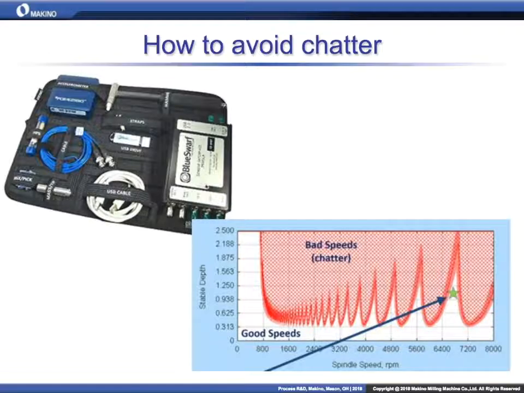No, not at all. So with this kit, this is a Metal Max kit, and it has all the stuff that you need to measure a tool's frequency. So there's a hammer up at the top. You can sort of see it. It's got the black handle and then the gray metal top and then that little white tip on the end of it.